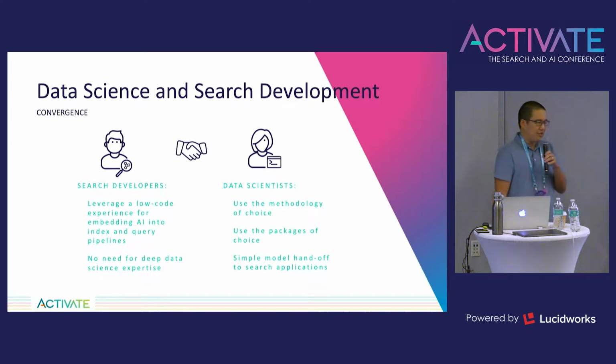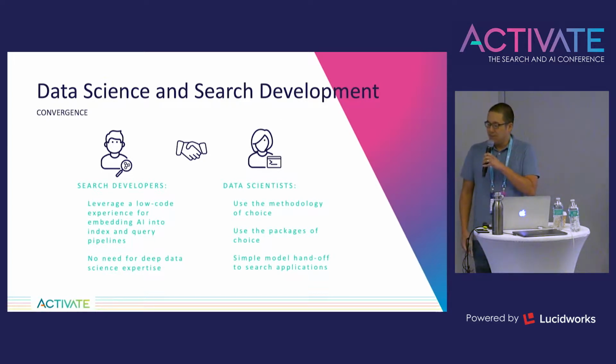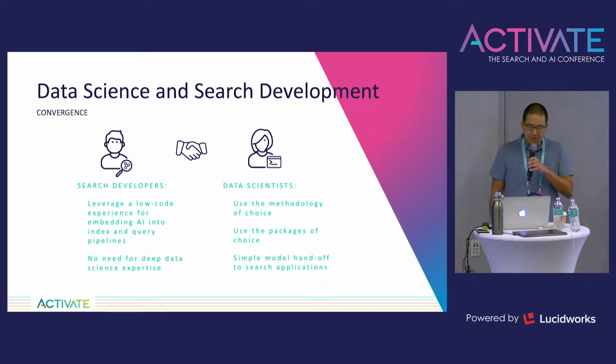We offer a really good experience for search developers that just want to plug in different components and capabilities that we've built, like NLP, signals, recommenders, and stitch everything together into a search application. But if you're a data scientist, chances are you probably don't want that out-of-the-box experience because you already have all the tools that you want to use.